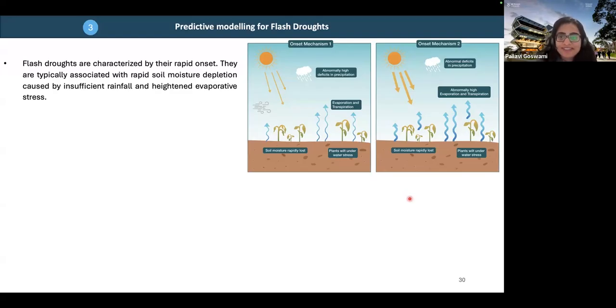Flash droughts are not really a new type of drought, but they've been researched more often these days. It is a whole different realm where we don't really know how different they are from conventional droughts in terms of the drivers, what exactly causes them, what the impacts are, and how we can predict them.